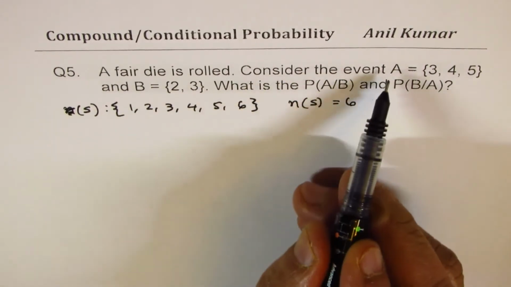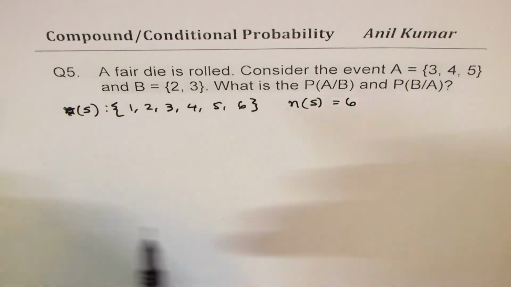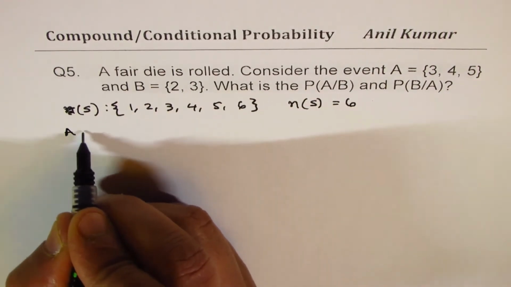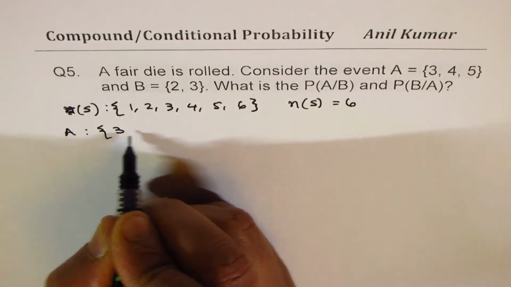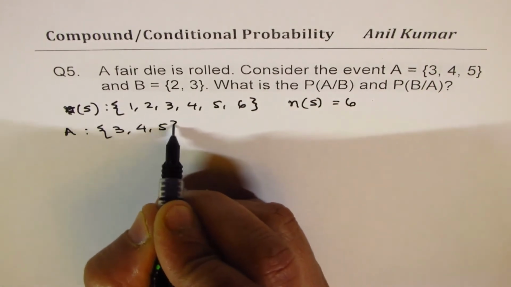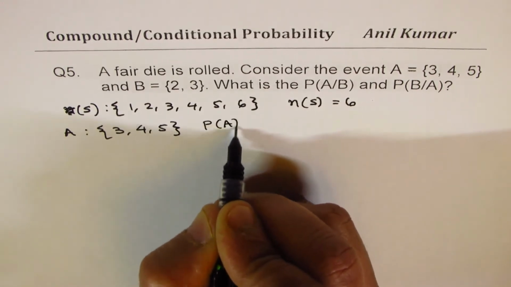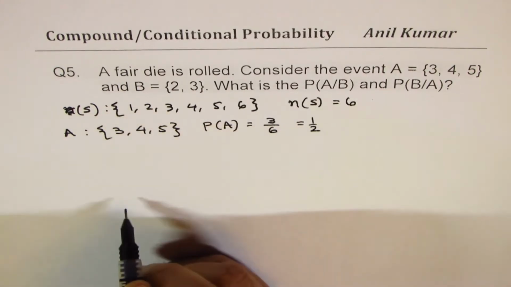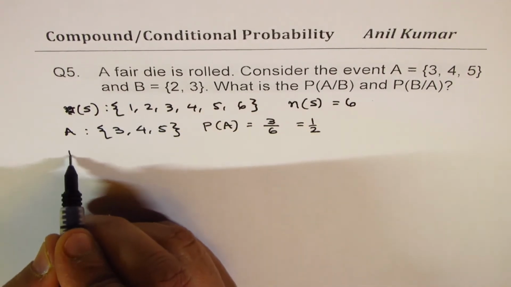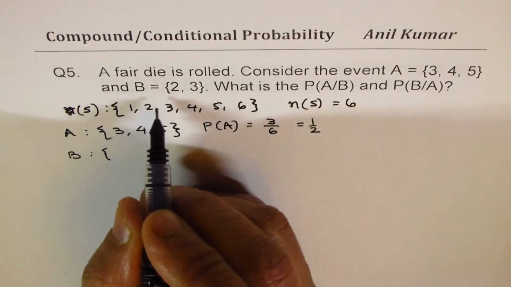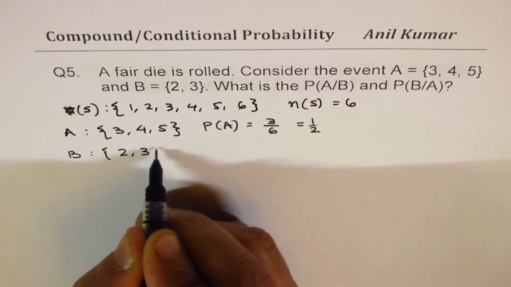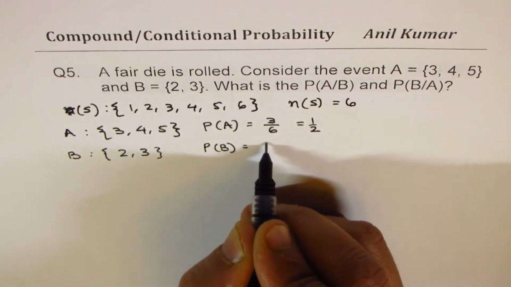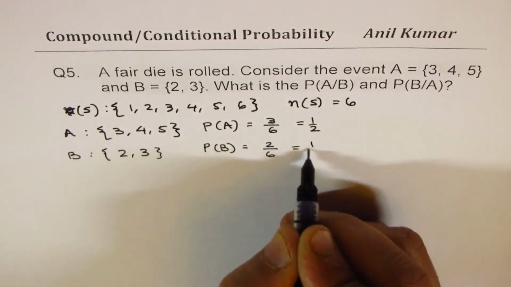Now consider the event A, which is 3, 4 and 5. The probability for A is 3 out of 6, which is half, right? Now event B is 2 or 3, these two numbers when you roll the die. So the probability of B is 2 out of 6, which is 1 out of 3.